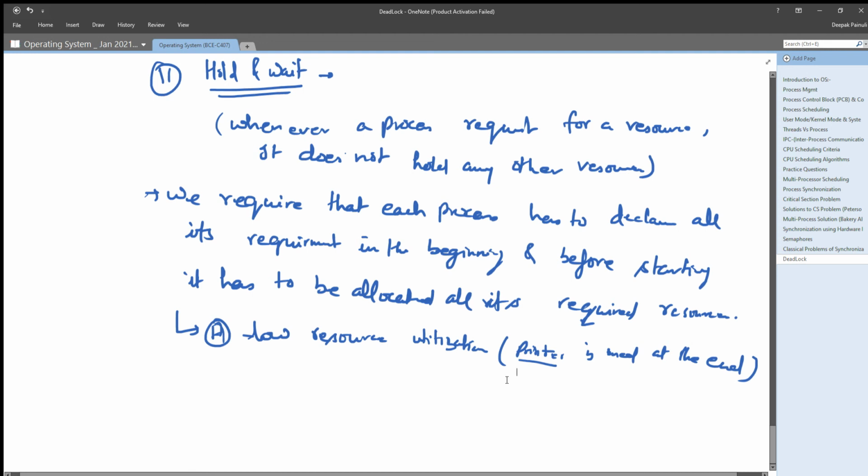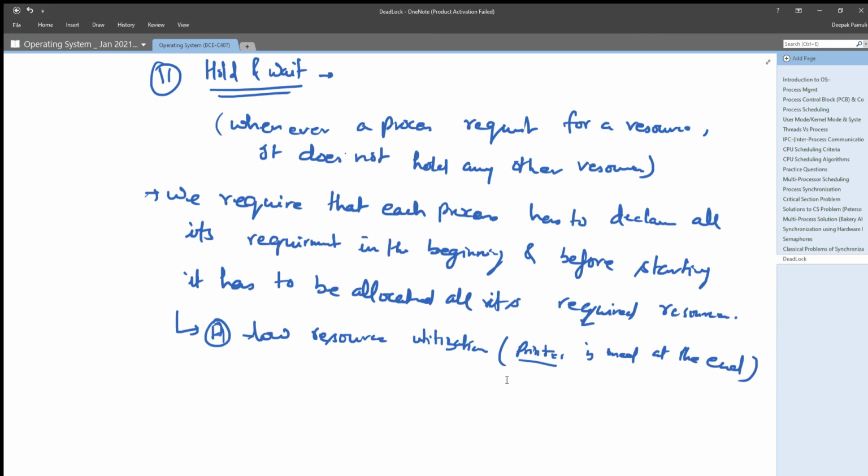Every process which has a printing job will require the printer or an IO device at the last, or at the end of the code. Until that process gets the printer, it will not get terminated, and once it does not get terminated, it will not release the engaged resources. That means it has to wait for a long duration.